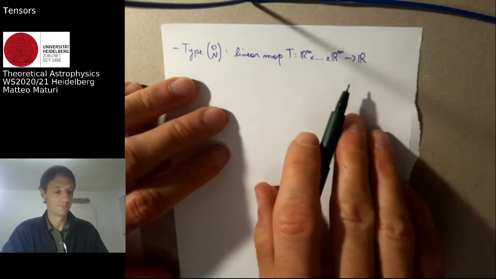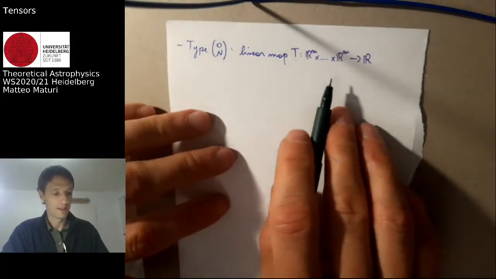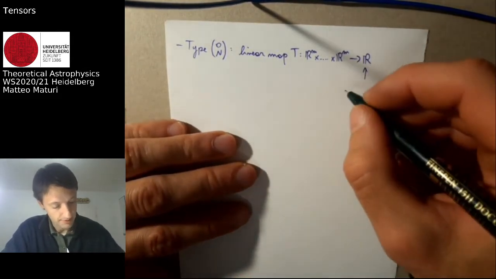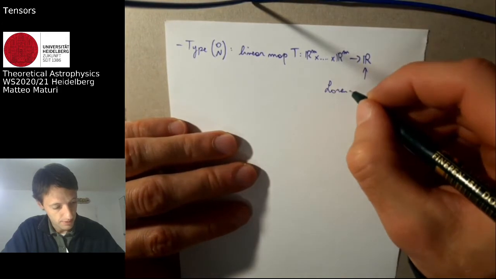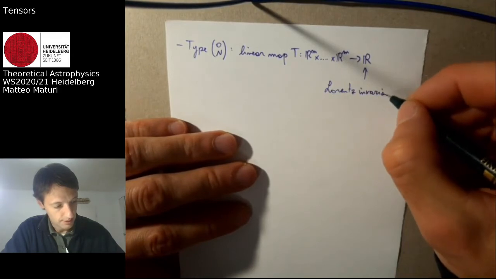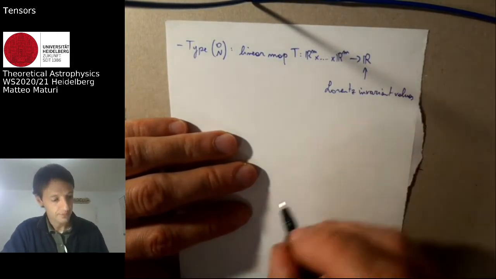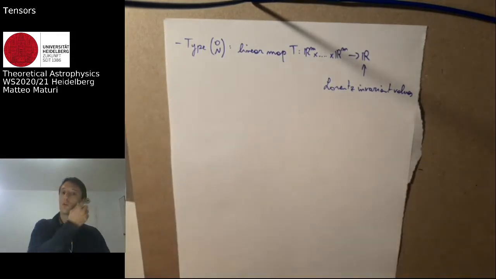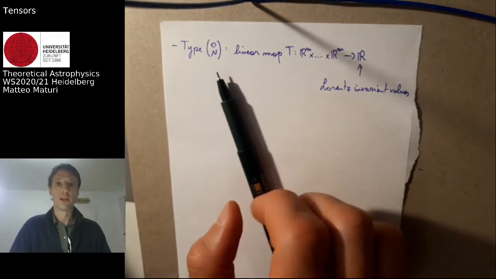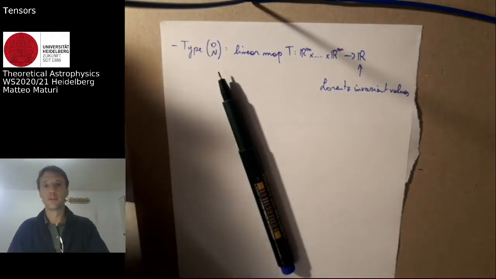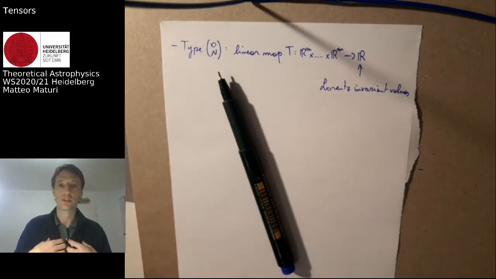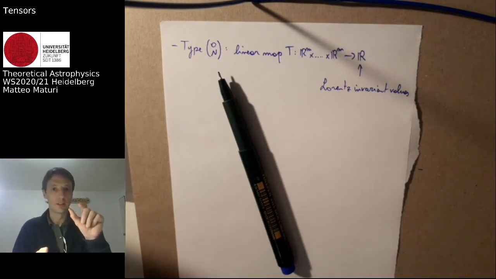I'm making them go not to any real number, but to a Lorentz invariant number. Why is that? Because we are dealing with physics and Lorentz transformations, and whenever we want to compute some properties of a physical object, we want to find its intrinsic properties.